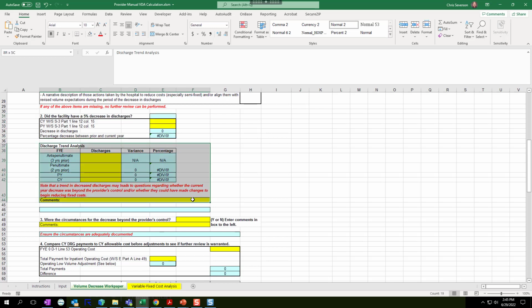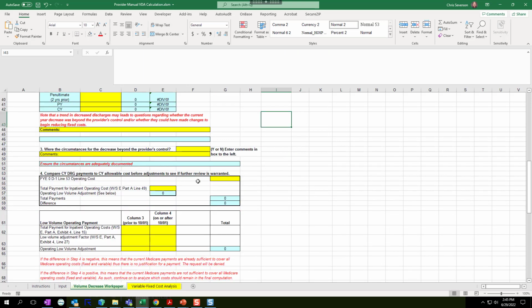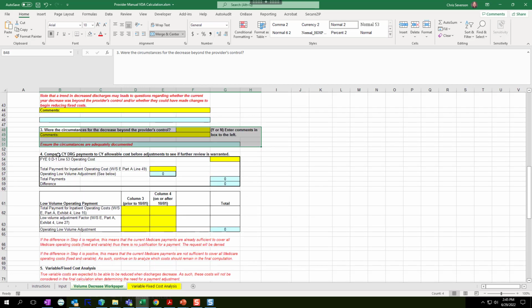We'd also look at a trend analysis to see, has this been going on for 3 years? And were there any attempts made to control this? Number 3, what was the narrative for whether these circumstances were beyond the provider's control?